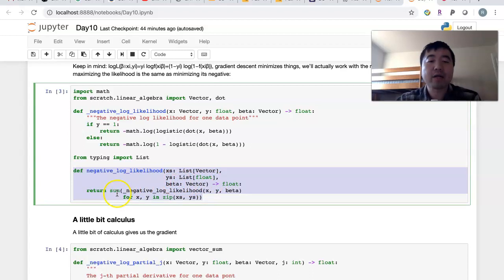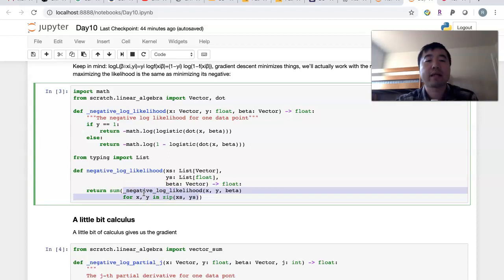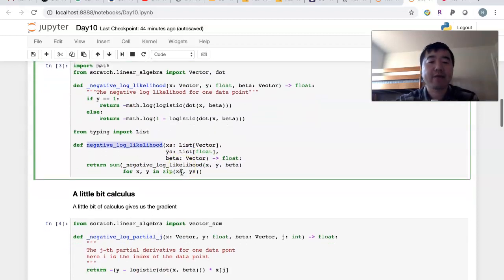It calls a function that calculates the negative log likelihood for one data point, and then you sum them up. The sum of all of them is the total negative log likelihood.